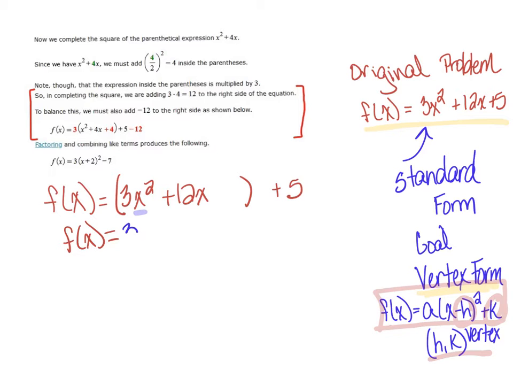I've got 3 on the outside, and I've got x squared plus 4x on the inside. So I factored out a 3 from both the 3x squared and the 12x. The 5 I'm leaving alone. I'm not dealing with that 5 at all because that's outside my parentheses.